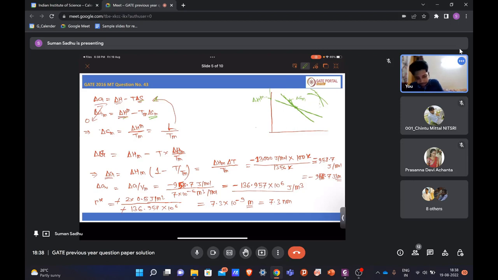Because if you make T 0, with delta G on this axis and T on this axis, then delta G is equal to delta H at T equal to 0. That means the intercept is delta H. As it is a straight line, this intercept will also be the same. So it is assumed there is a very minute change in the enthalpy, that it is almost the same. That's why we have put this value in this equation. So this is the reason actually.